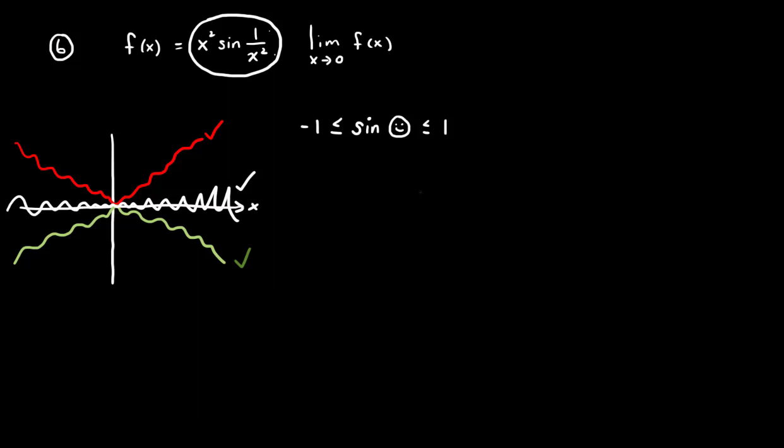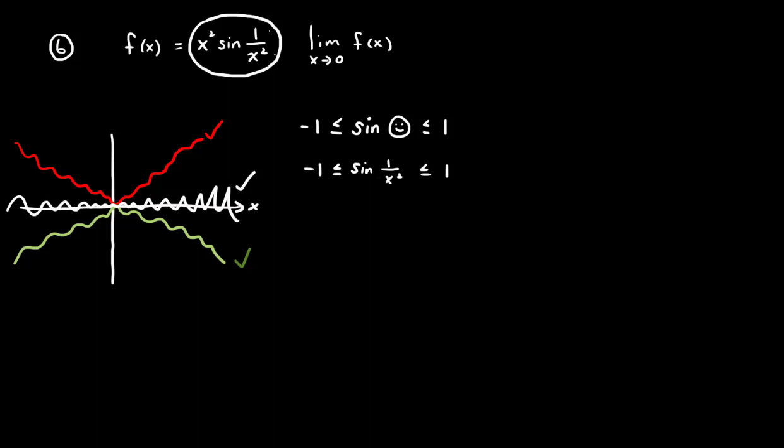So that's a given statement about the sine function. Now, that's not what we have as smiley face. We actually have 1 over x squared. It doesn't matter what that is. We still say that that is between -1 and 1, like I've shown here.